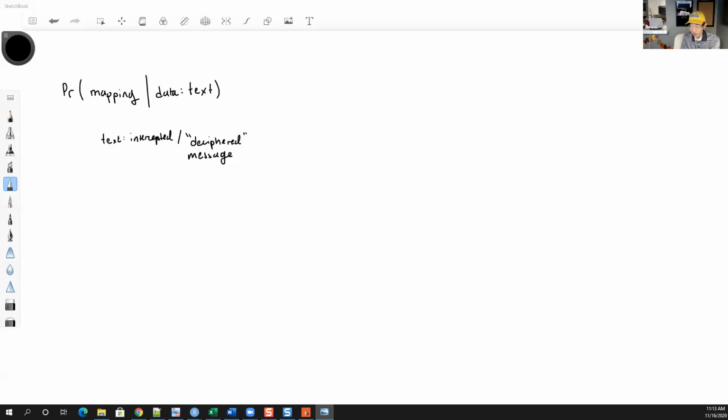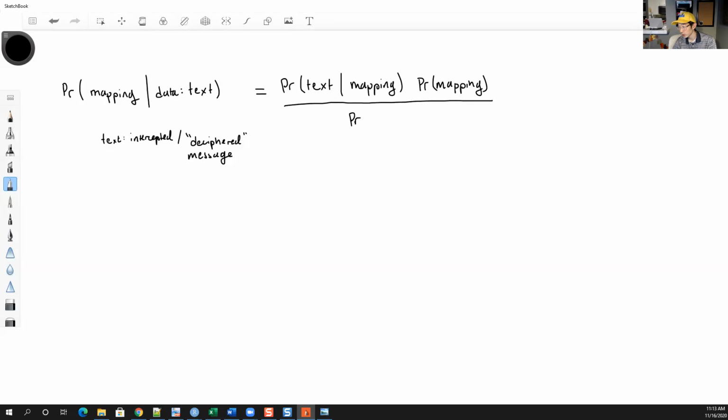Anyway, we want to figure out the probability of a potential mapping given the data, or the text. Using Bayes' rule, this is going to be the probability of our text for a particular mapping, multiplied by the prior probability of the mapping, divided by the probability of the text.